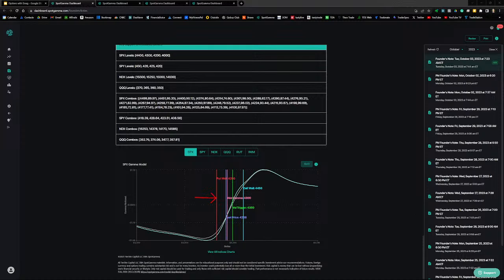And the important thing to note here is this big kink in the gamma curve, indicating that at this certain point, right around, let's say 4150, market makers are fully hedged, and they will not have to continue to sell futures as price drops.